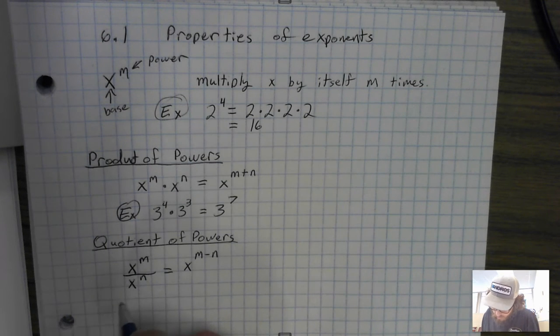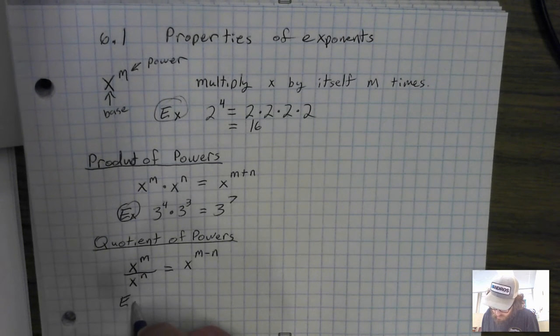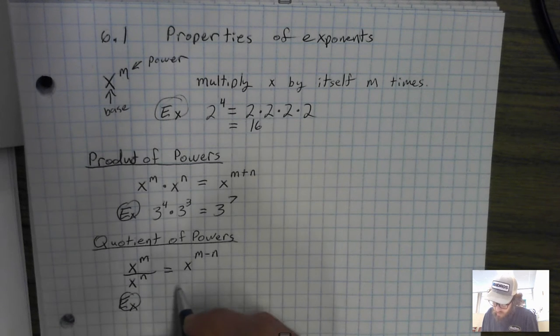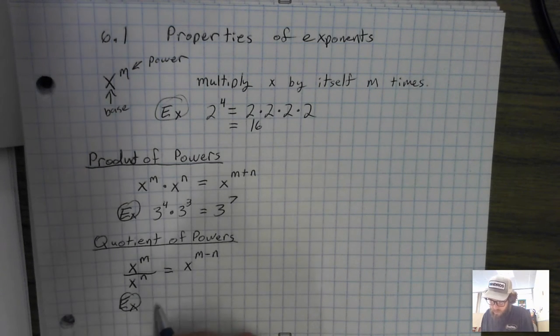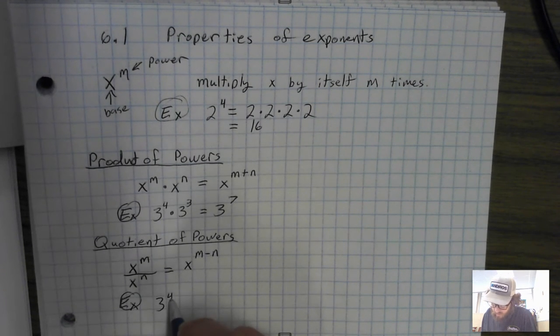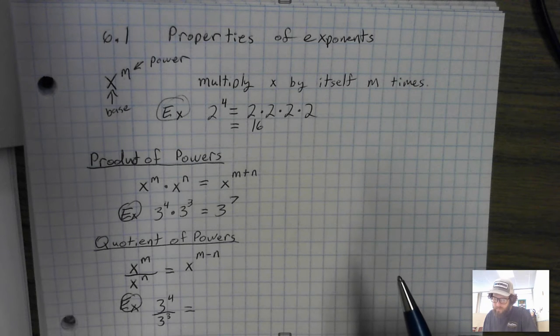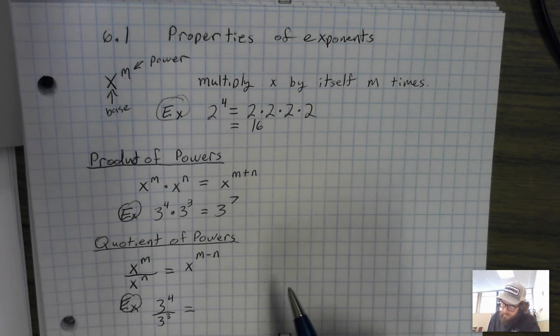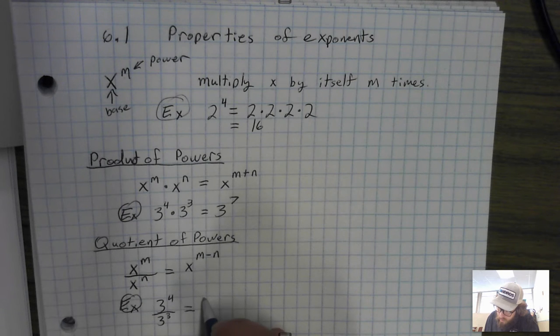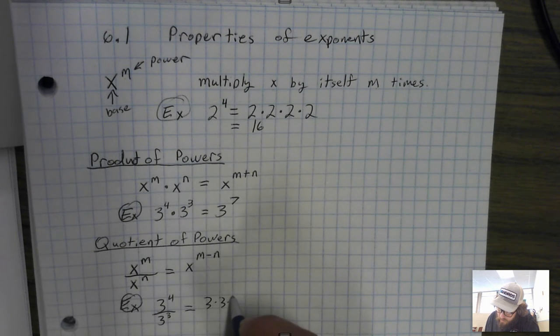And this example works out nicely. So say I have, let's use these same numbers, 3 to the fourth over 3 to the third. Well, that's going to be 3 times 3 times 3 times 3 over 3 times 3 times 3.